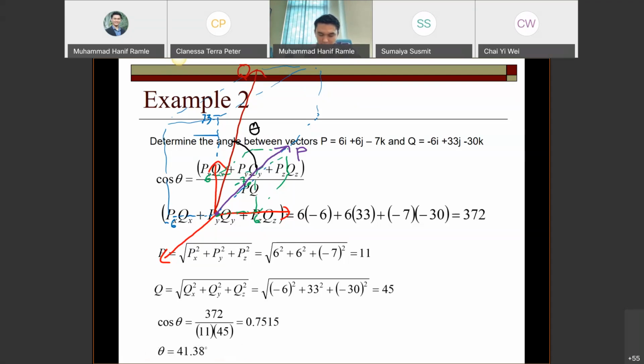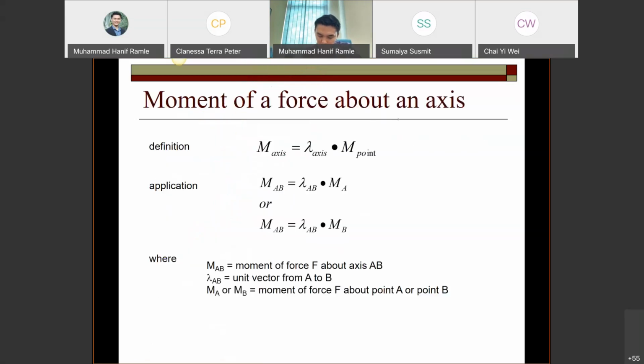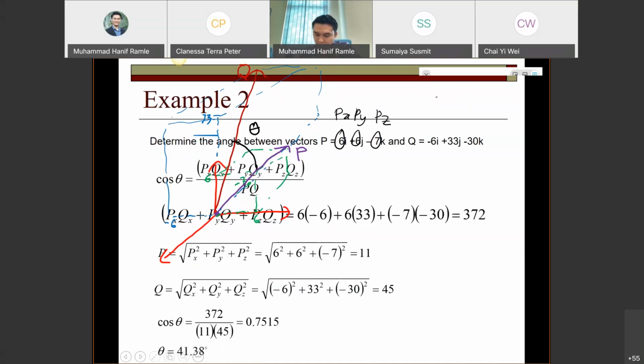We do have the values of PX, PY, PZ, then we do have QX, QY, and QZ.